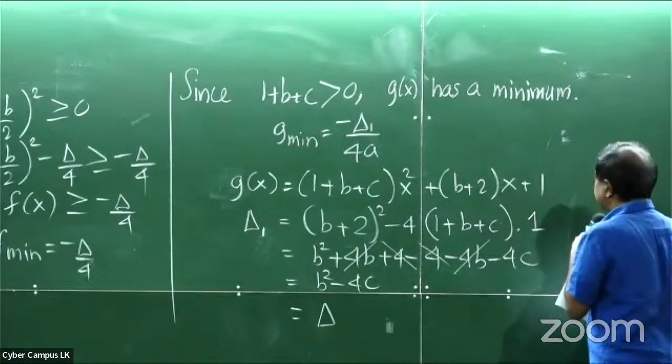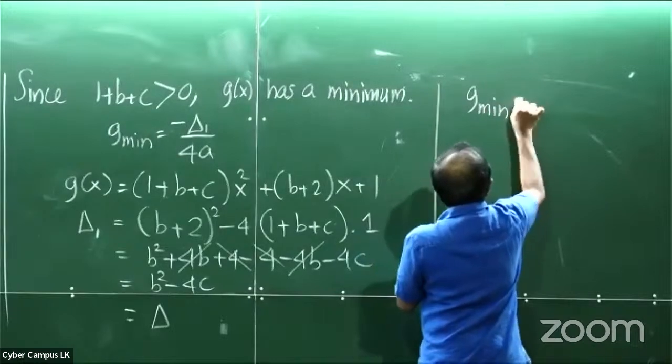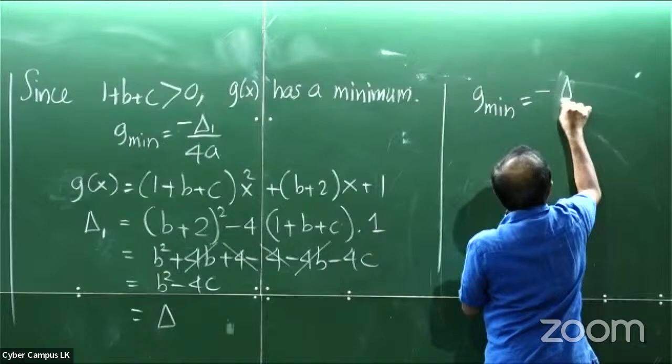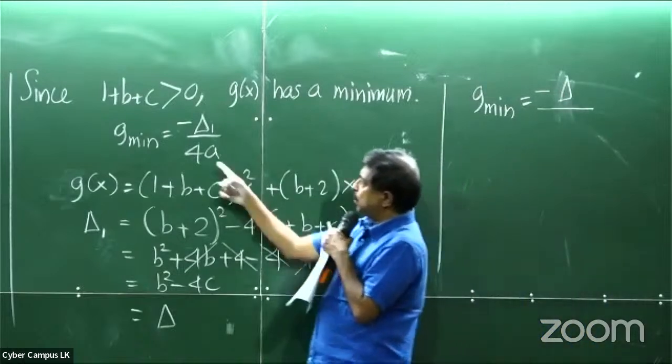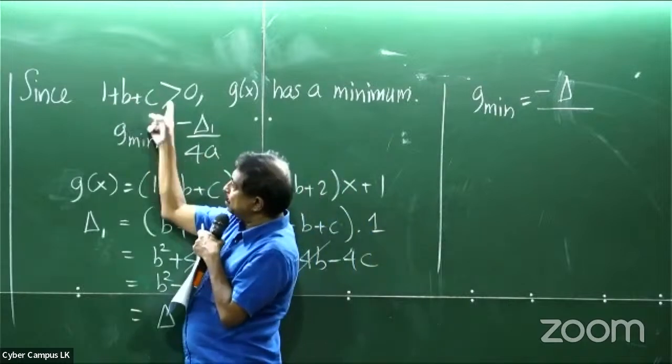Now, if you apply that result, you can write g min is minus delta over 4a. But in G, A is 1 plus B plus C, right?